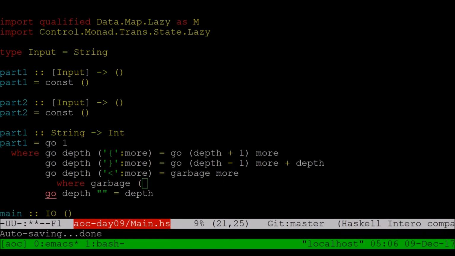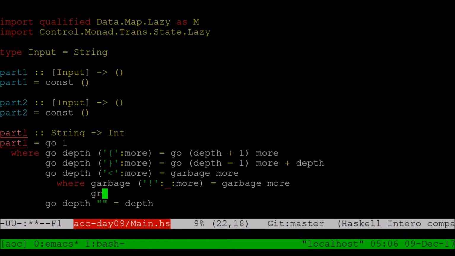How do you score garbage? It just has no score at all, right? Okay, yeah. Garbage of this cons to anything, cons to more, equal to garbage more, and garbage of this more is equal to go depth more.